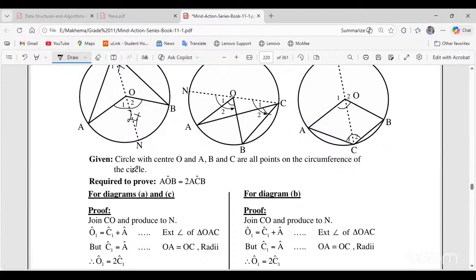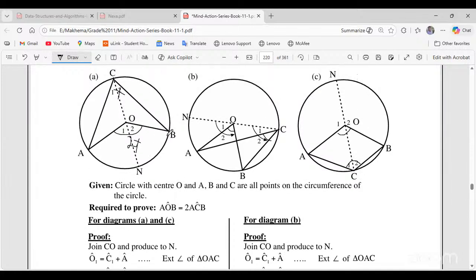Now, given a circle with center O, we can see that all these circles have center O. ABC are points on the circumference of the circle. You are required to prove that angle AOB is equal to 2 times angle ACB.